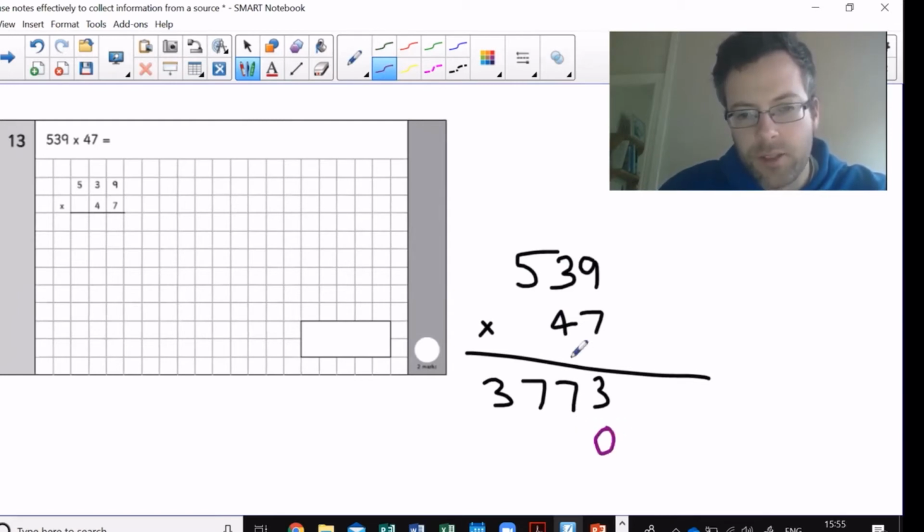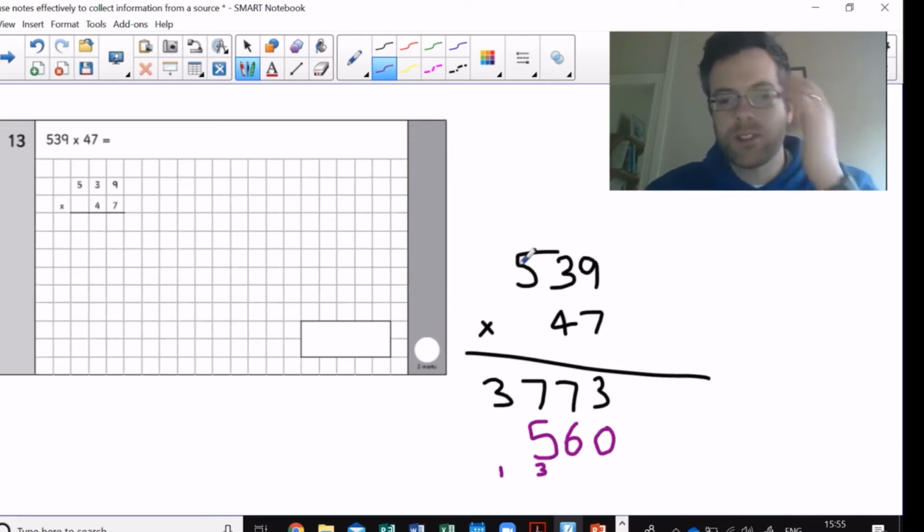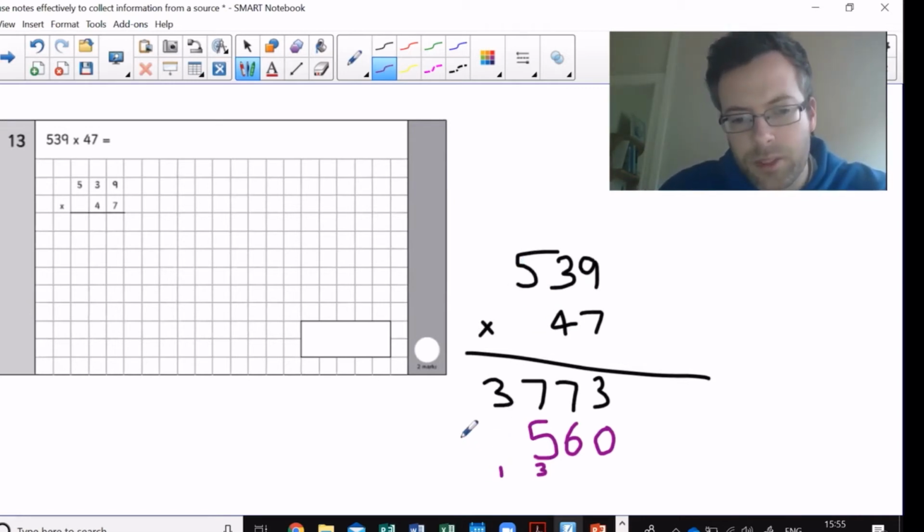Then I'm going to multiply everything by this 40, and because it's a 40, I need to start in the tens column. So I'm going to do the 4 tens times those 9, which gives me 36 tens. 4 tens times those 3 tens gives me 12 hundreds, plus those 3, so 15 hundreds. And then 4 tens times 5 hundreds gives me 20 thousands, plus that one, so 21,000.